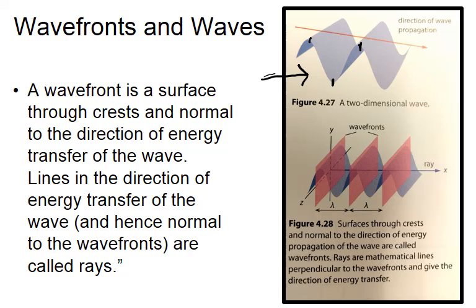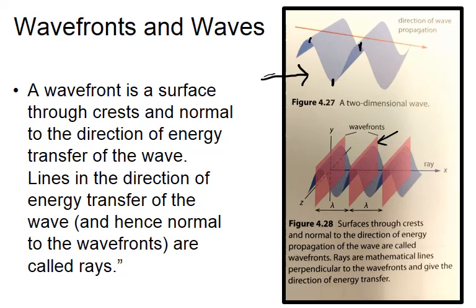So if you look at these magenta or pink planes, they're going right through the crests, and with the caption here, surfaces through crests and normal to the direction of energy propagation of the wave are called wave fronts. Rays are mathematical lines perpendicular to the wave fronts and give the direction of energy transfer.